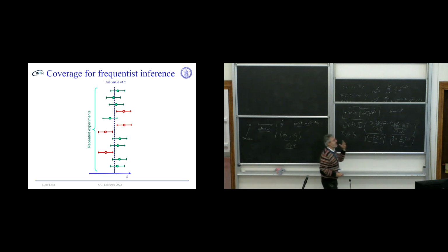I can repeat the experiment many times. Since the point estimate and the interval are random variables, repeating from time to time, I obtain different values. And what I get is that sometimes the true value, which I don't know, is contained in the interval, sometimes not. You see, the red ones are the ones where I miss the central point. So we have a coverage.